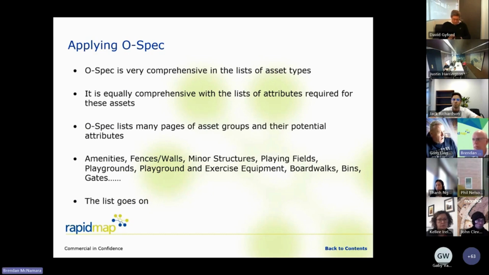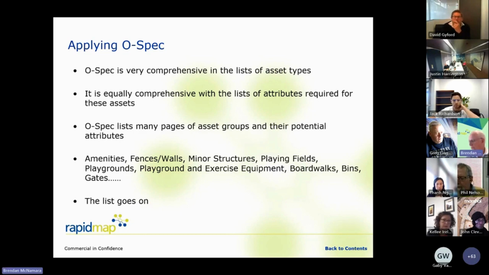It lists many pages of asset groups and potential attributes, varied things from amenities, fences and walls, minor structures, playing fields, playgrounds, playground and exercise equipment, boardwalks, bins, gates, etc. And as you can imagine, the things you need to know about a fence or a wall are very different than what you need to know about a piece of playground equipment or a gate or a bin or a boardwalk or whatever it might be.